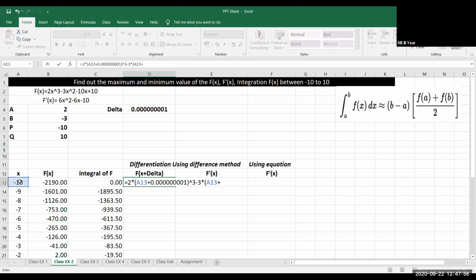That's it, nothing else. Now, how many power are there? 2. Then minus 10 into x, so in place of x, you have to put x plus delta.